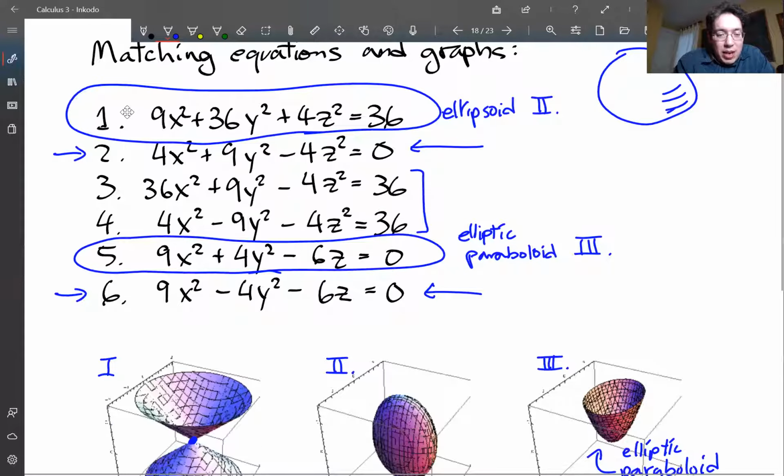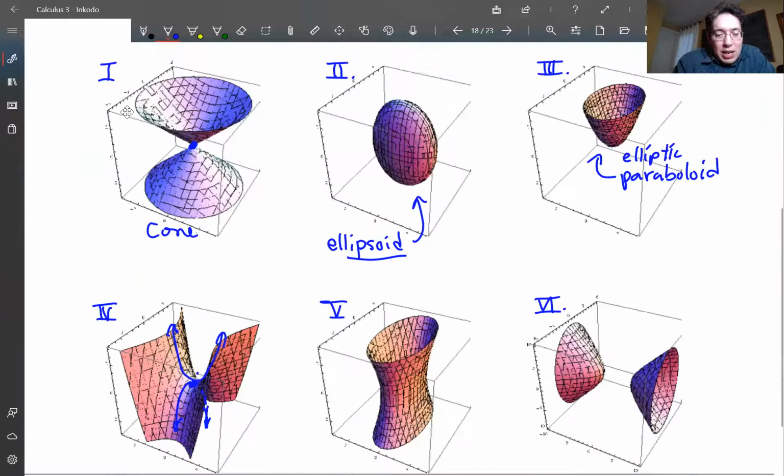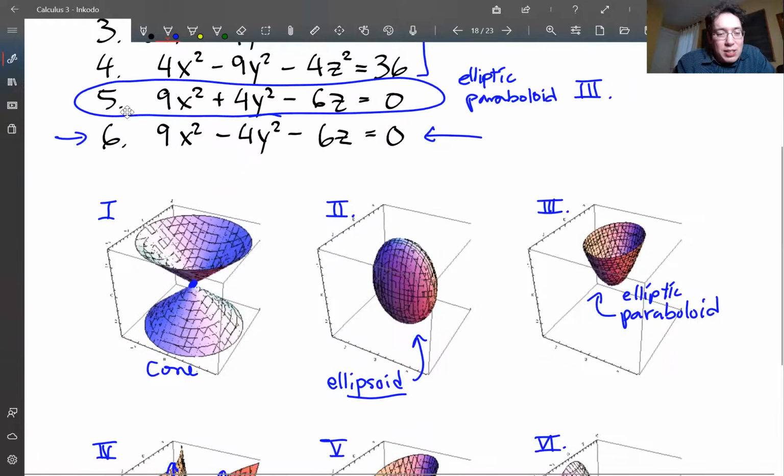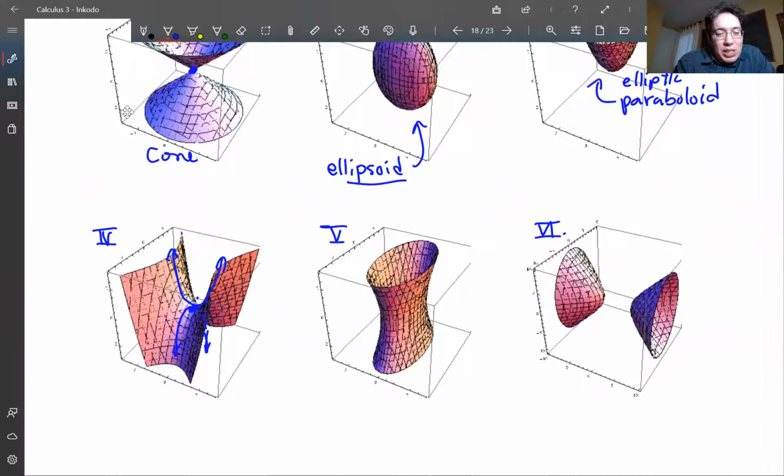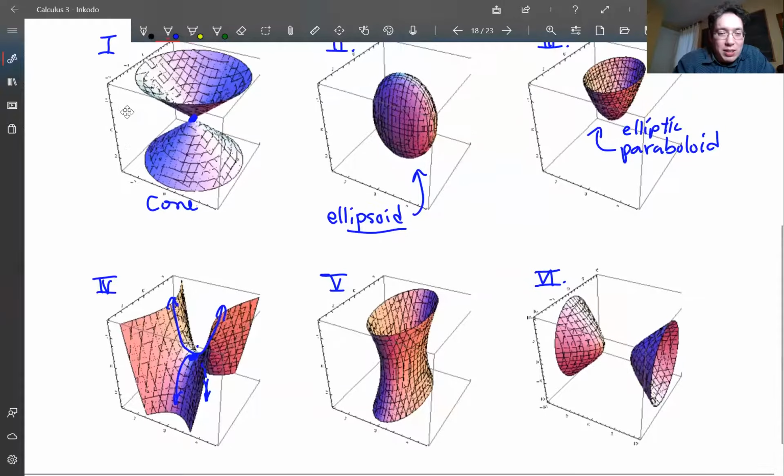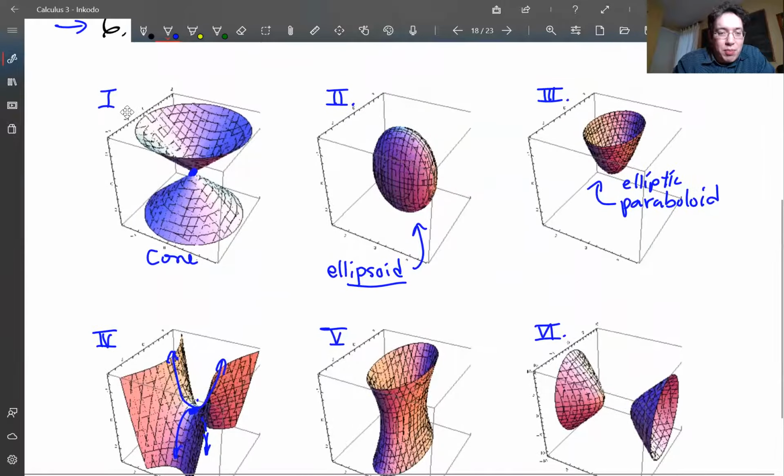So I think that means that one of these is 1 and the other one is 4 in the picture that I've drawn. Okay.